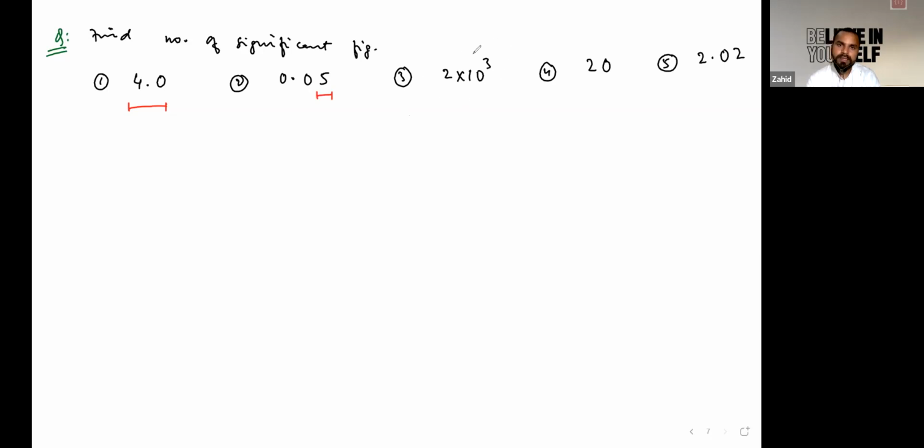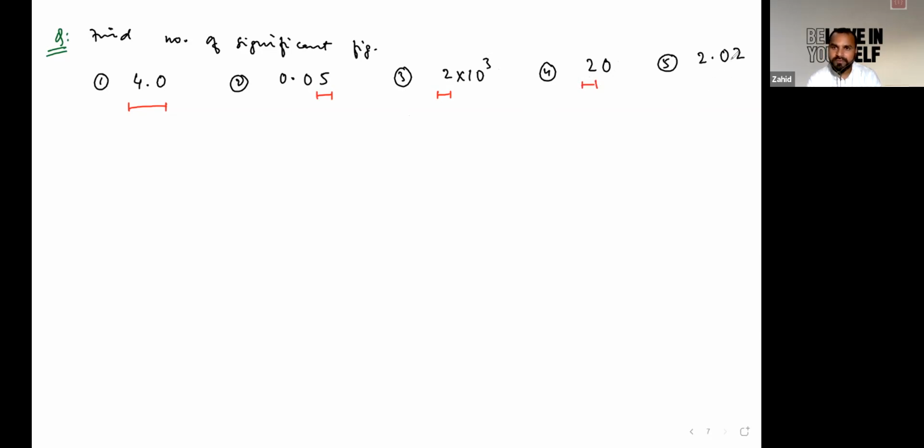In the third part, the exponential is insignificant, so it will be just one digit. In the fourth part, since there is no decimal, and the 0s are right to a non-zero digit, they will be insignificant. So again, we have just one significant figure in this.